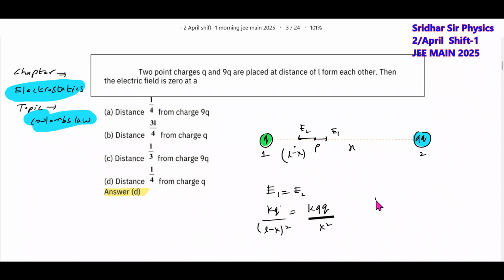So this will become x square equal to 9 L minus x whole square, or x equal to 3 L minus x, or x equal to 3L by 4 from charge Q.